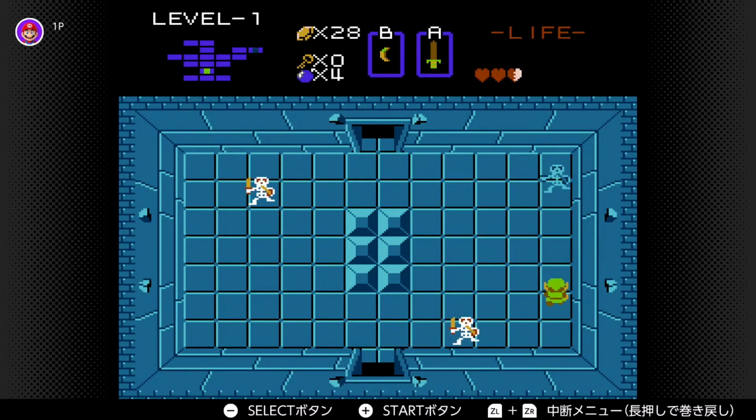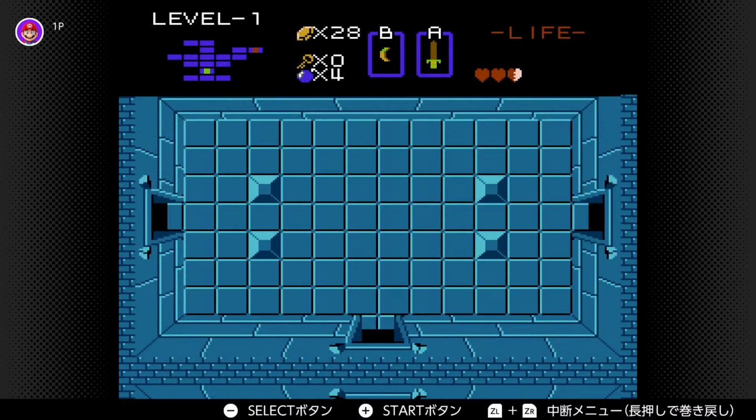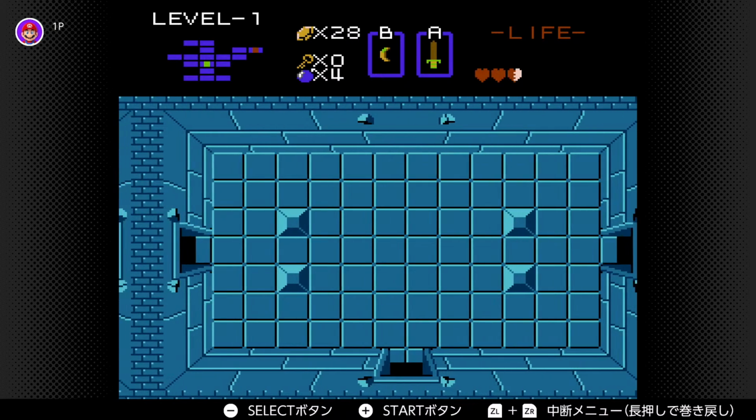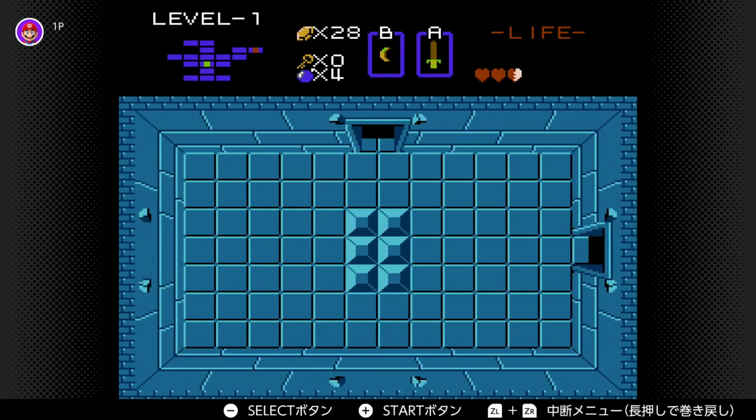Okay, in this case, I wanted to keep my health. Let's see if by defeating some enemies we can get a heart back. Not these ones. For example, these bats. Nope.